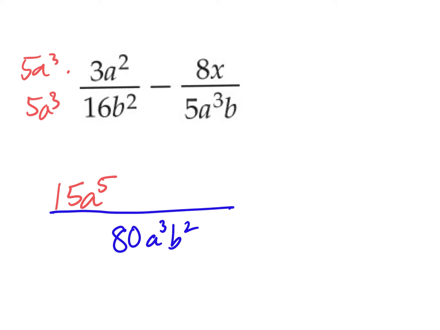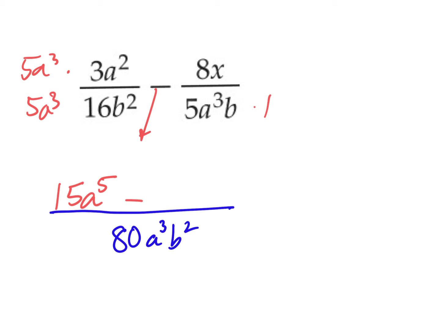Okay. I'm going to have a minus here from this minus. So what's missing from this? 5 times what gives me 80? 16. Okay. Anything missing from the a cubed? Well, the a cubed, it's all contained there, but I'm missing one b here. So I have to take that, I know that's 16.